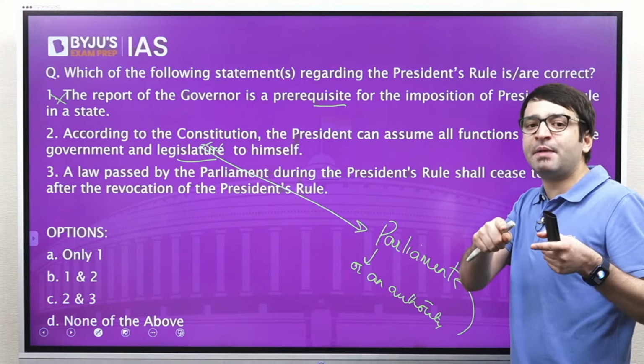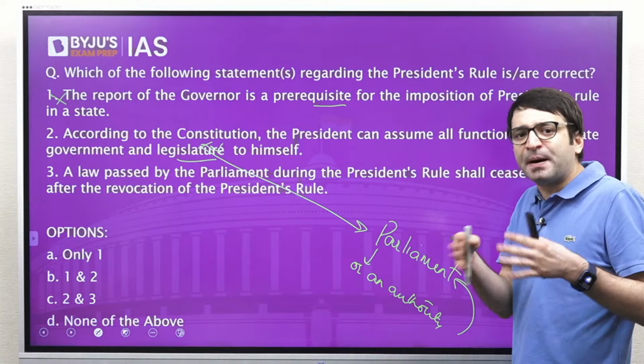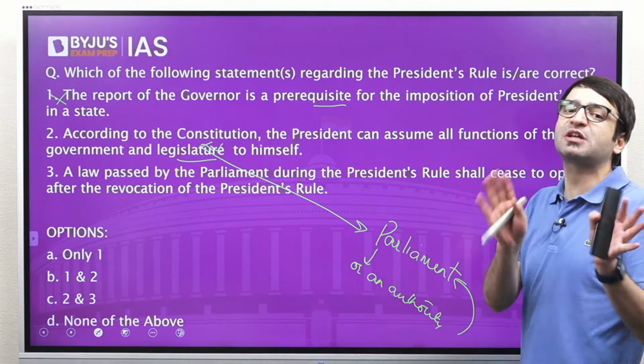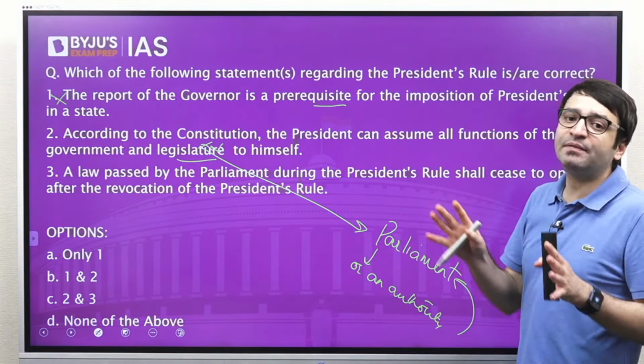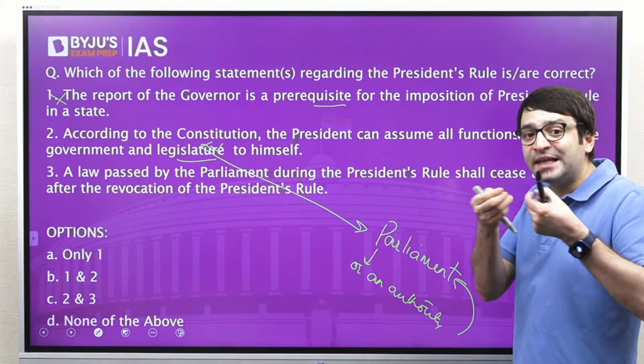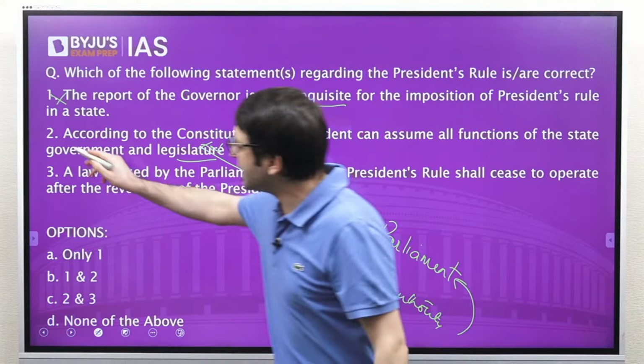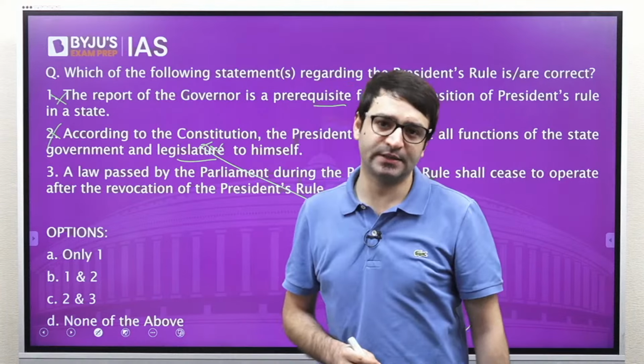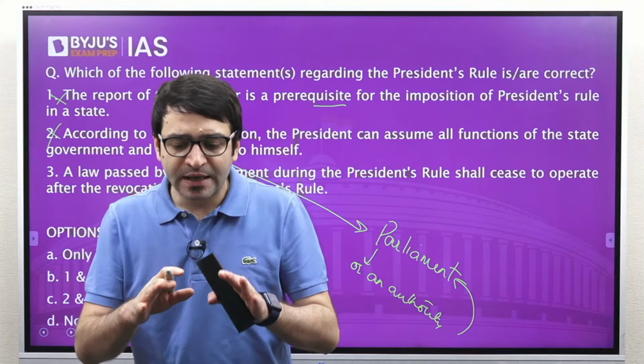So Parliament can make laws for that state, or Parliament may give this responsibility to some other authority. But the governor cannot assume the powers of the legislature to himself. So this statement also is incorrect.